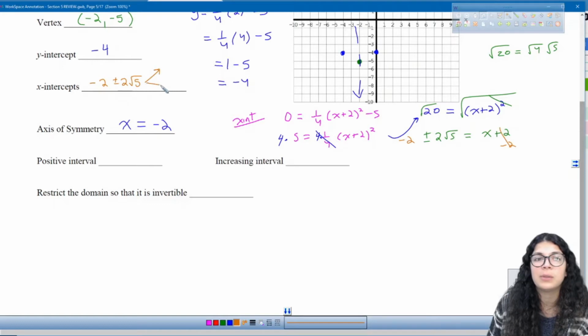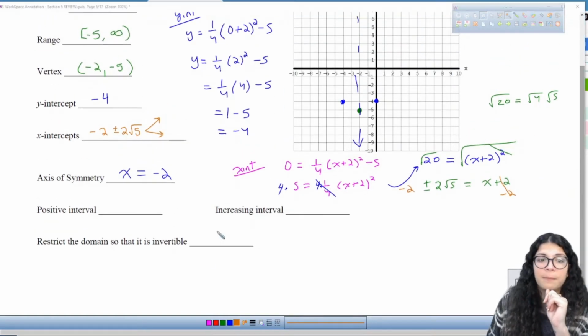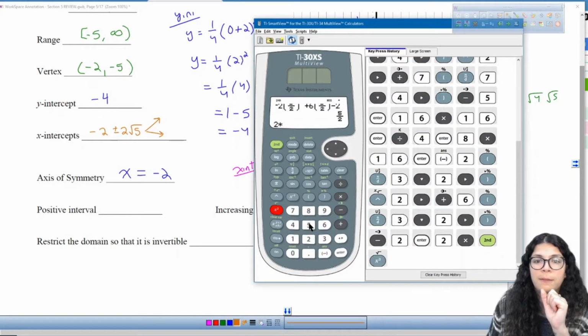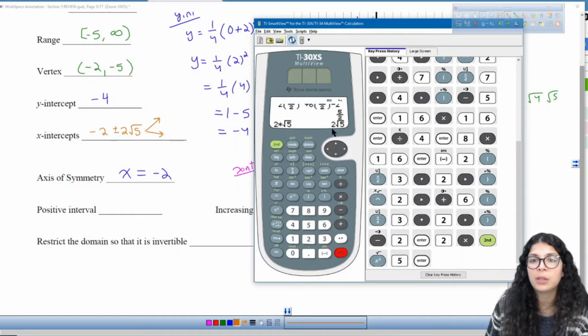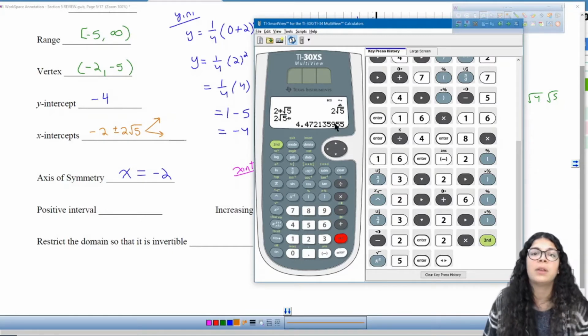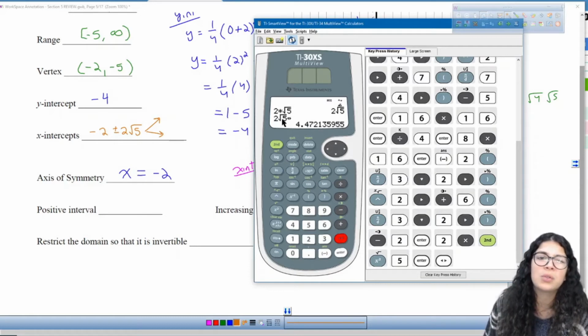Now what I can actually do is estimate these values, so I can plot approximations on the graph. So with our calculator, we want to do 2 times the square root of 5. And initially your calculator will just give you 2 square root of 5. Go ahead and click the 2 arrows on top of the enter button, and that'll give you an approximation. So 2 square root of 5 is about 4.5.